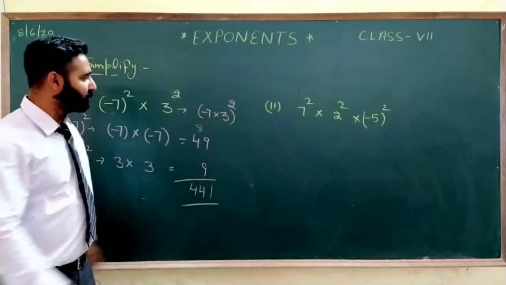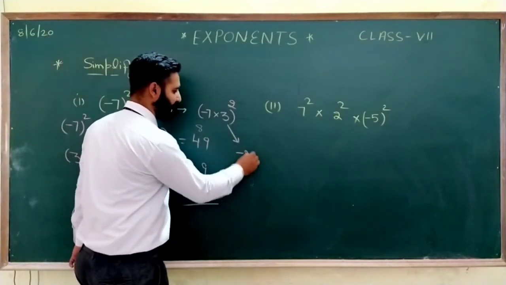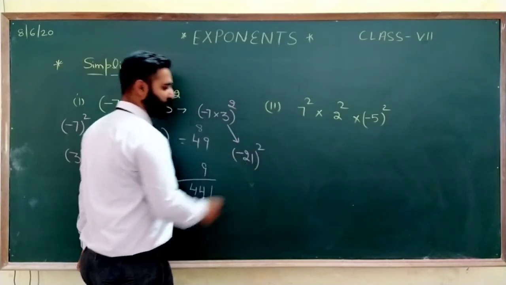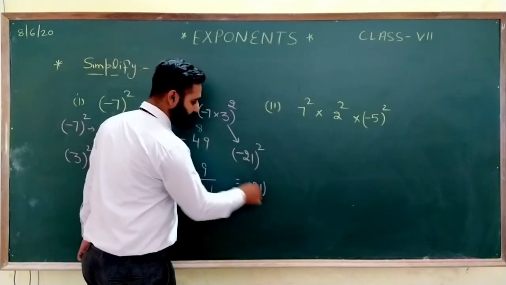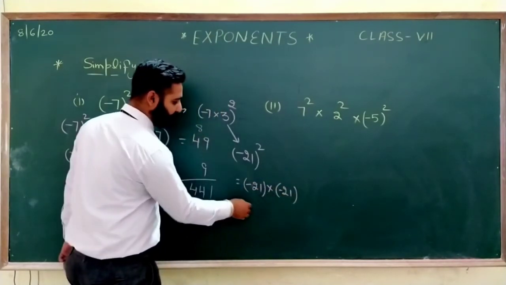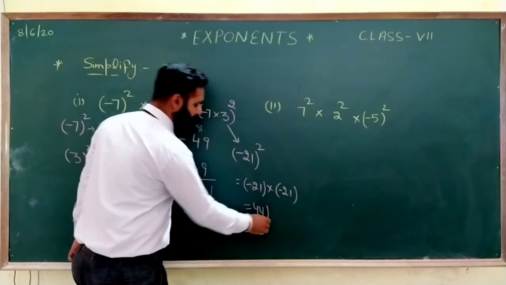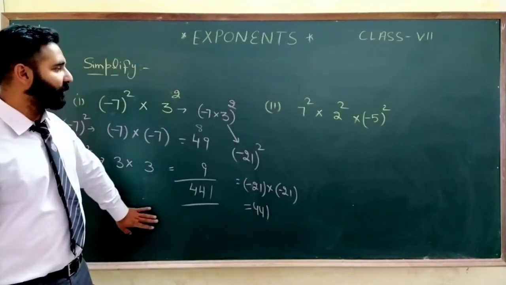So it will become minus 21 raised to power 2. Further if you solve it, it will become minus 21 multiplied by minus 21. So from there also if you multiply, you will get 441 as the answer. So this was the first part.